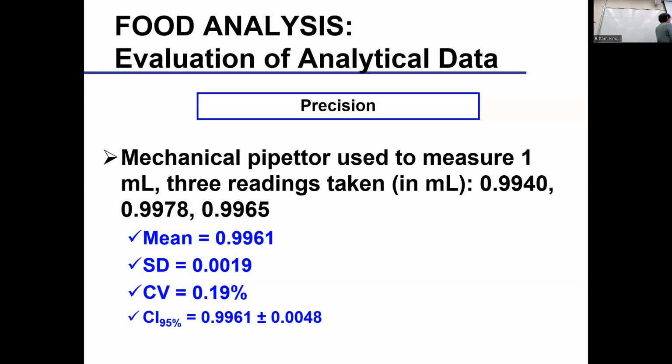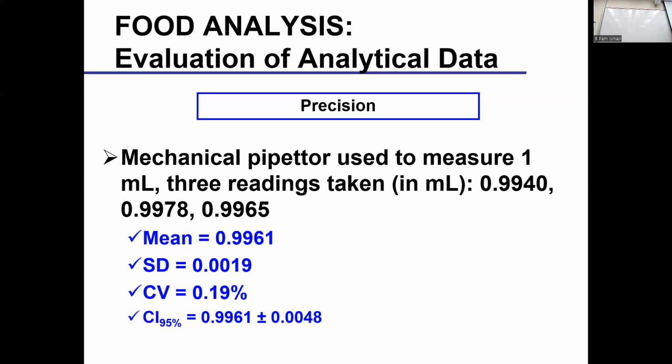Okay. So standard deviation is either 1.93 times 10 to the negative 3. That's correct, Kevin, or 0.0019 with rounding. And then the coefficient of variation is the standard deviation divided by the mean, but which mean did you divide it by? This one, right?